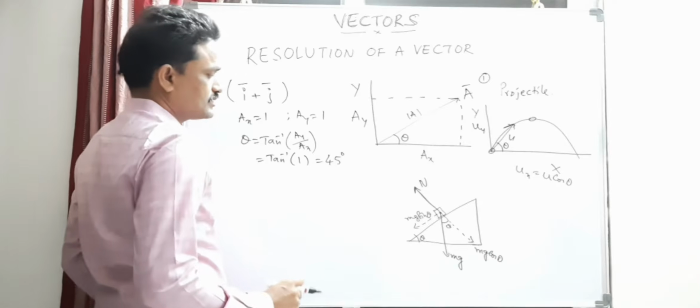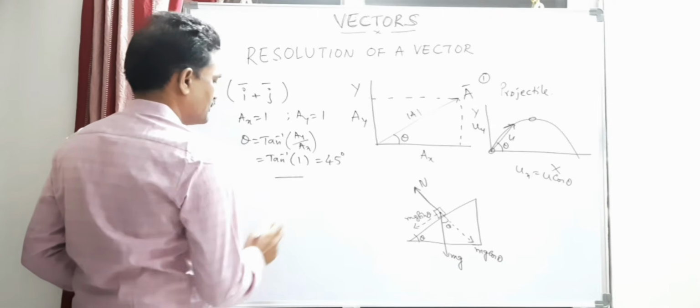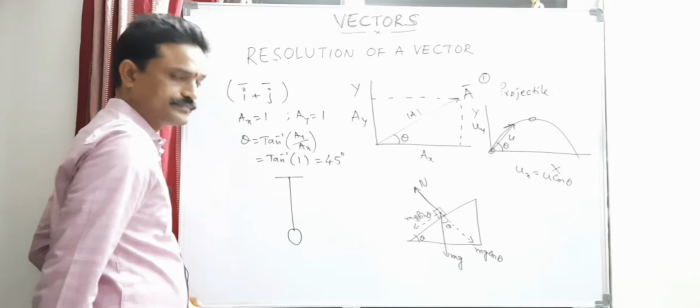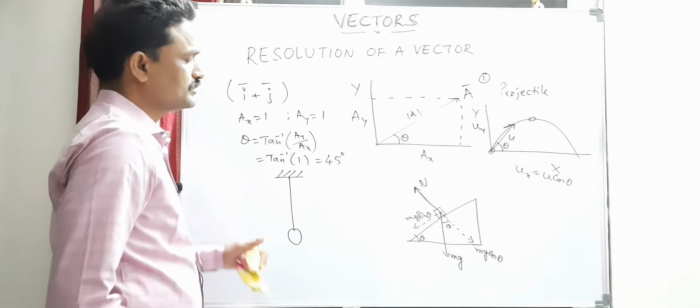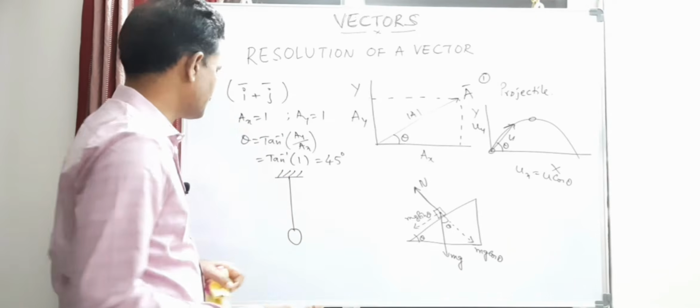In oscillations, we have a derivation for the period of oscillation of a simple pendulum. This is called a simple pendulum. We will discuss it later, but I am giving the importance of resolution of a vector.